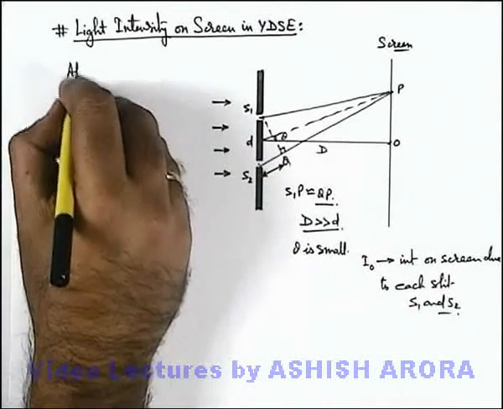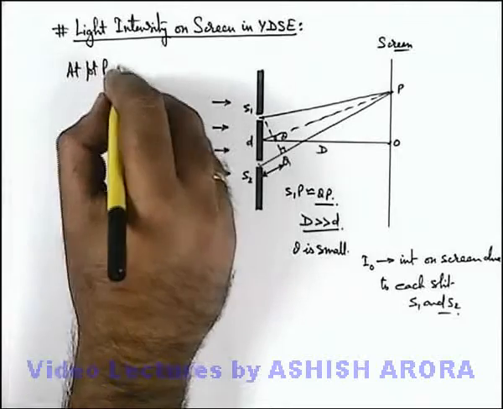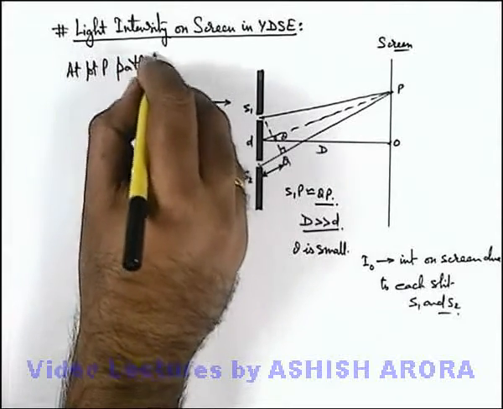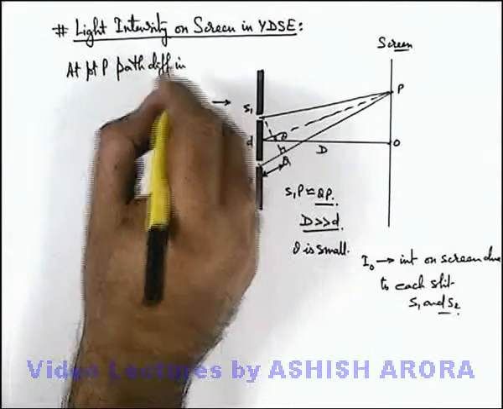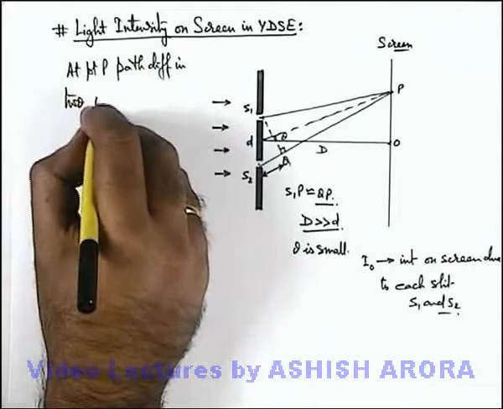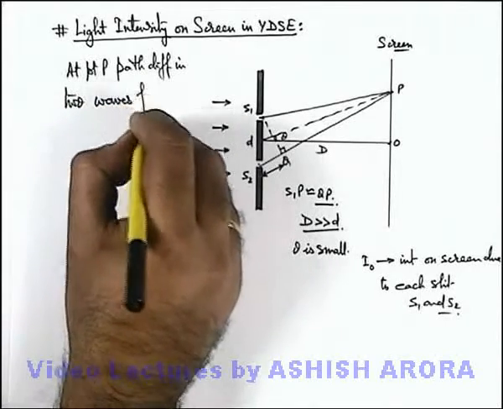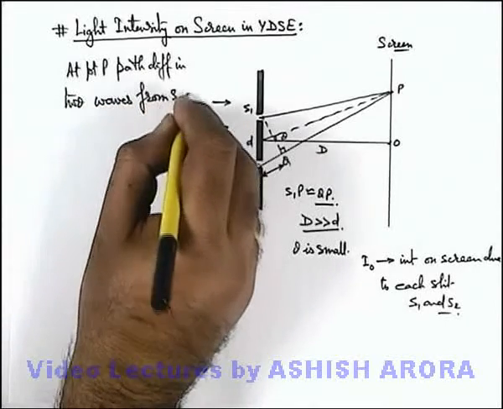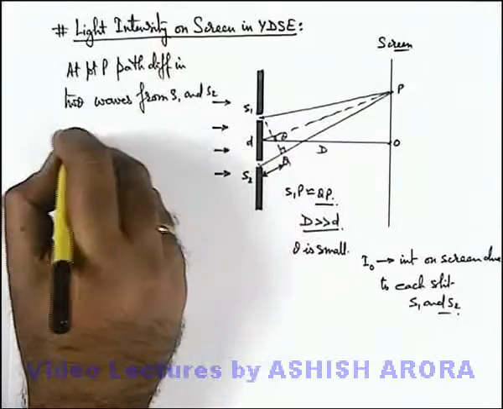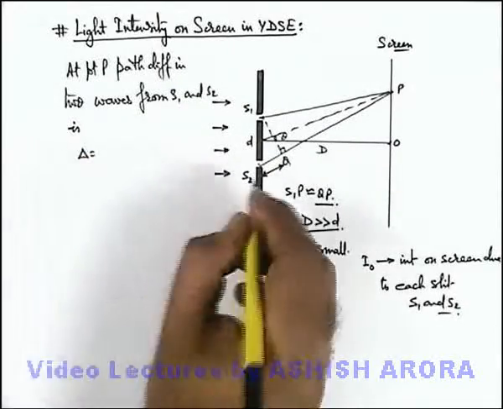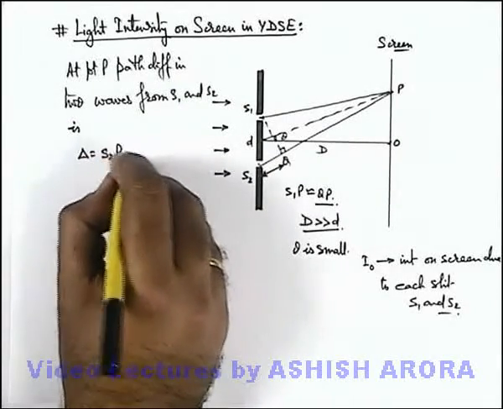So here we can write at point P, the path difference in two waves from S1 and S2 is S2P minus S1P.